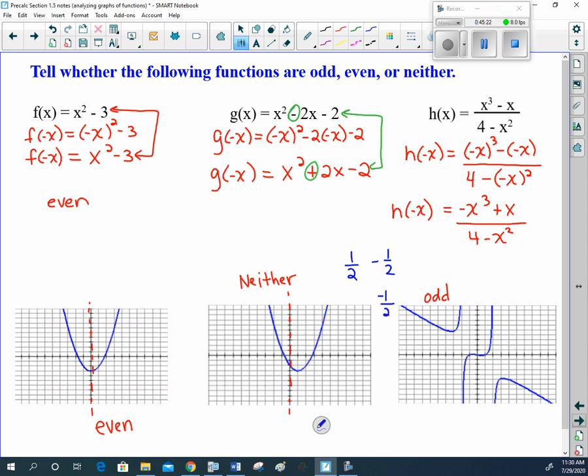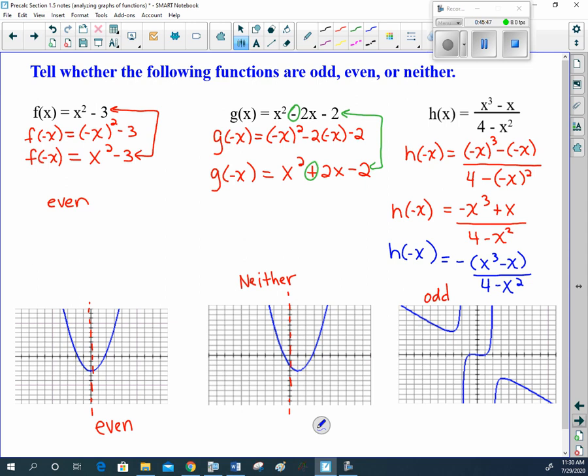Okay, so what if, I don't know if this is going to help you understand or not, but I hope so. What if I take in the numerator, let's take out a -1. That's going to be negative, that's going to be x to the third minus x over 4 minus x squared. Now, does that look like that's the opposite of h of x?